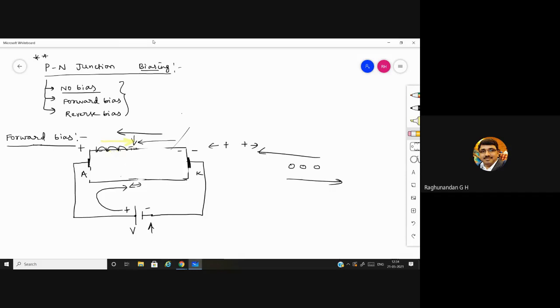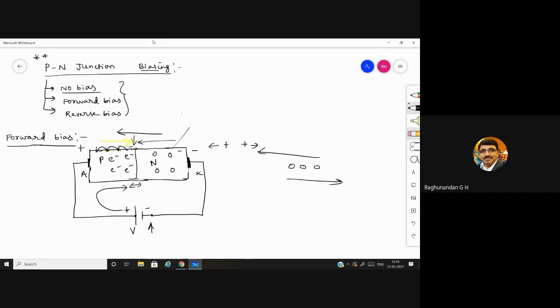After some time, if I look into this, the P layer will be filled with electrons and the N layer will be filled with holes. Because electrons have left the N layer for the P layer, the holes got shifted towards the negative, towards the N layer.